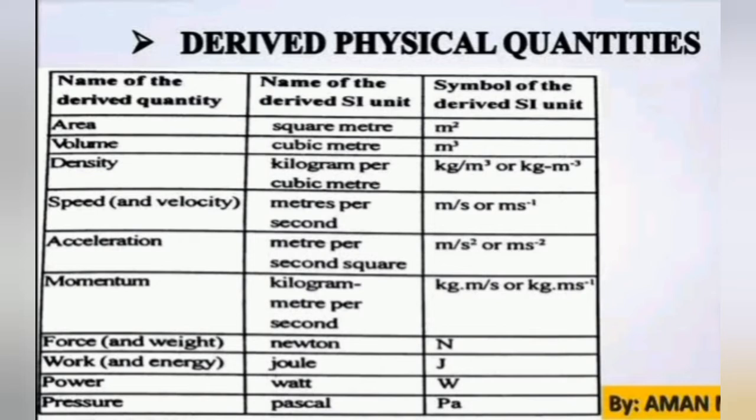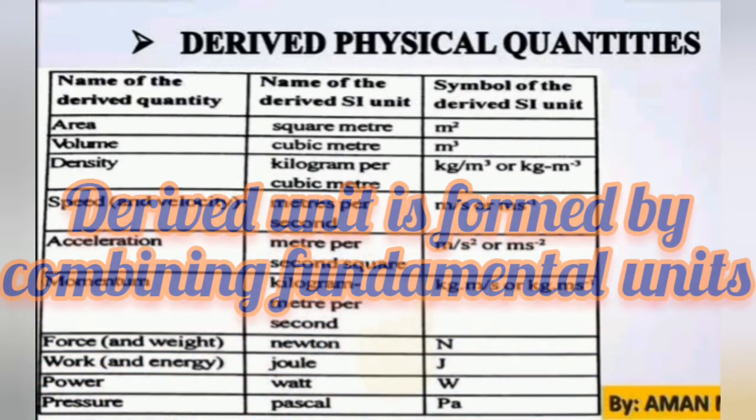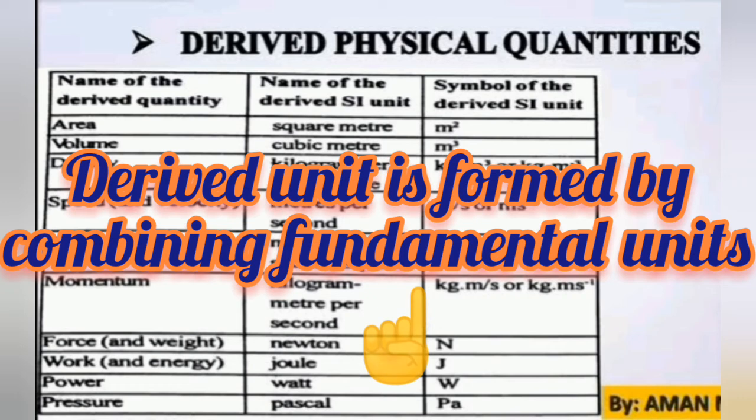One is fundamental unit and the second one is derived unit. A derived unit is constructed with the help of fundamental units. There can be one or more fundamental units. So it is clear that a derived unit is constructed with the help of one or more fundamental units.